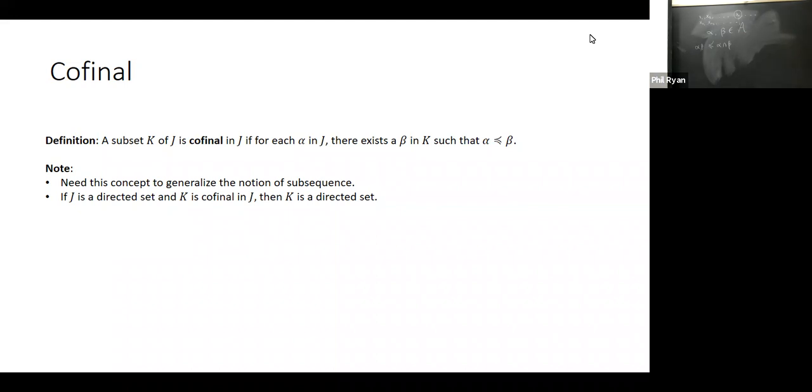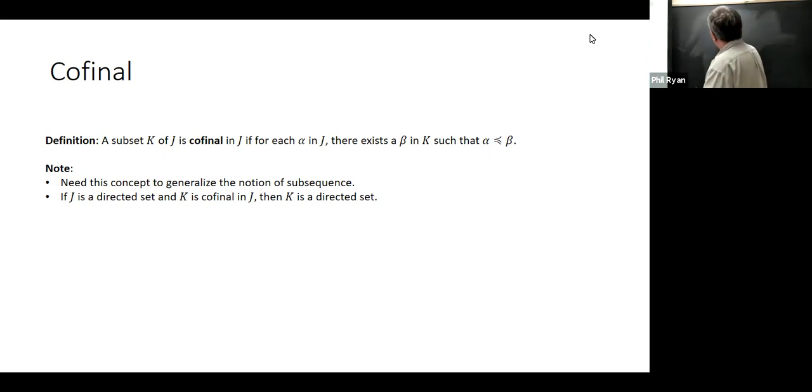Okay, and so for this to work, we need the following result: if J is a directed set and K is cofinal in J, then K is a directed set. Okay, now why is that? So what are we going to show? That it's a directed set. So we've got alpha and beta in K. What do we want to show?